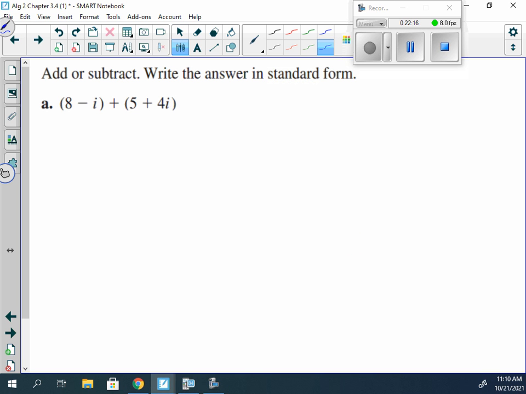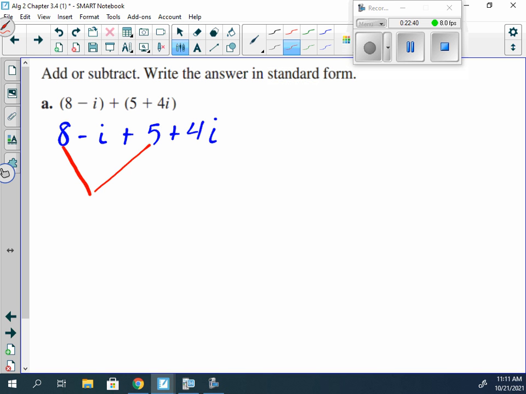So if we look at this here, (8 minus i) plus (5 plus 4i). Now we can resolve the parentheses, but because everything's positive, we're adding. It's not really changing anything. We just have 8 minus i plus 5 plus 4i. 8 and 5 are like terms, yes?